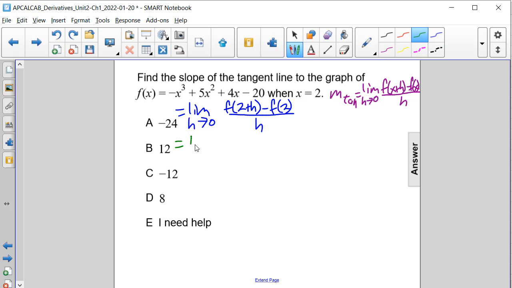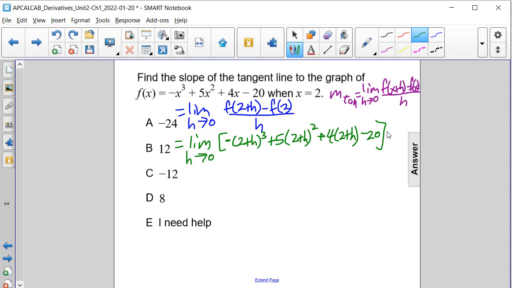So that is then equal to the limit as h approaches 0 of, we have negative 2 plus h to the third plus 5 times 2 plus h squared plus 4 times 2 plus h minus 20. And then we are going to subtract, when we substitute f of 2 in, we'll get negative 8 plus 20 plus 8 minus 20.